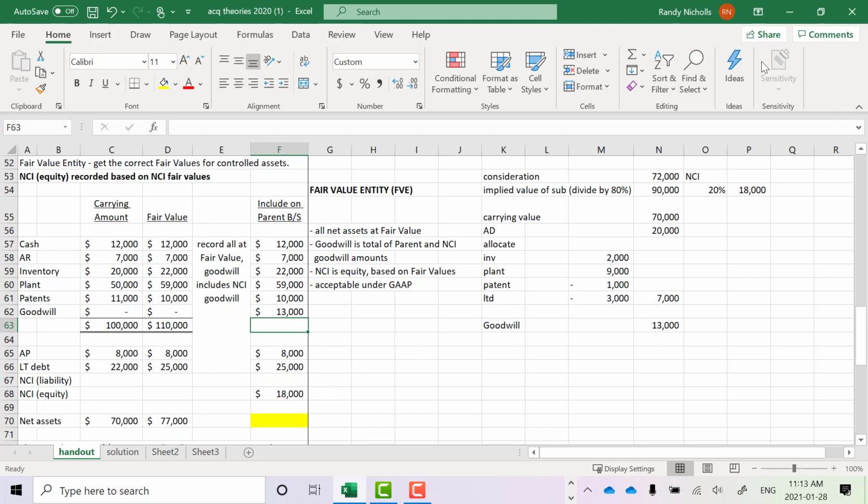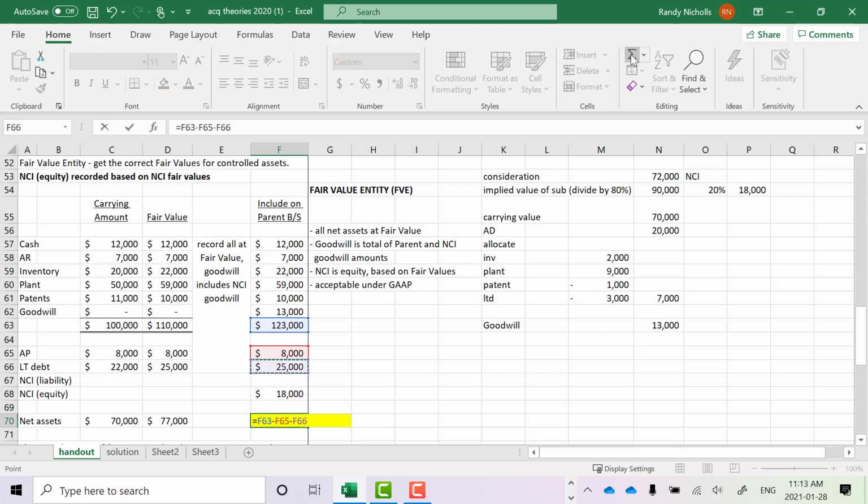My total assets are 123. I subtract off my liabilities and my NCI that's sitting in equity, and there's my 72,000. So again, I'm just doing a test here to see I'm picking up 72,000 in net assets comparable to what I paid for the investment.